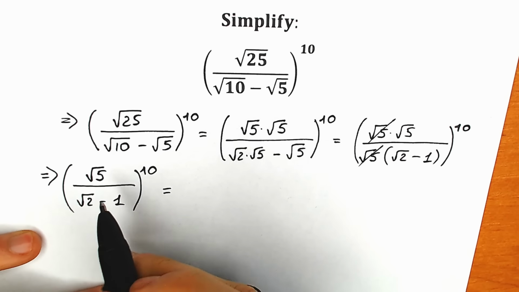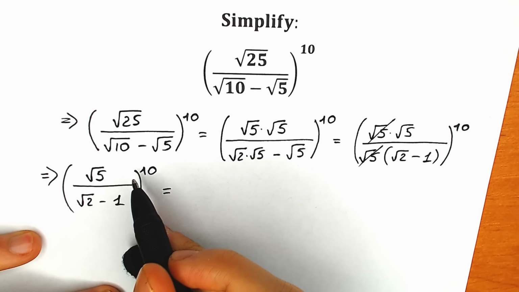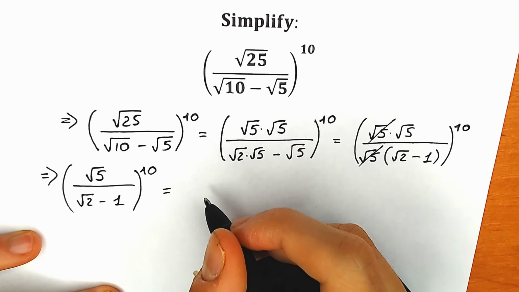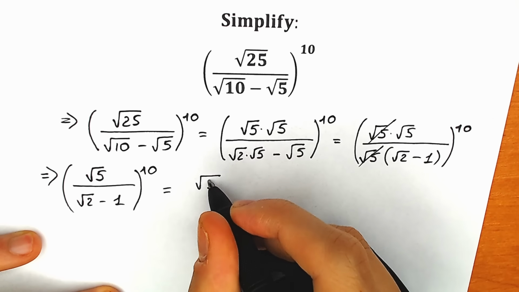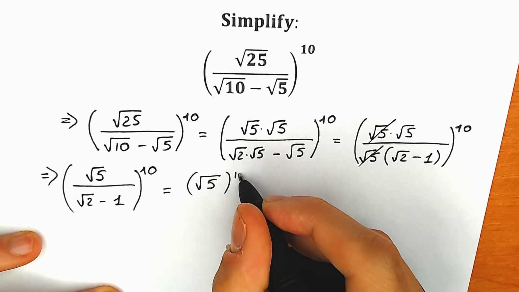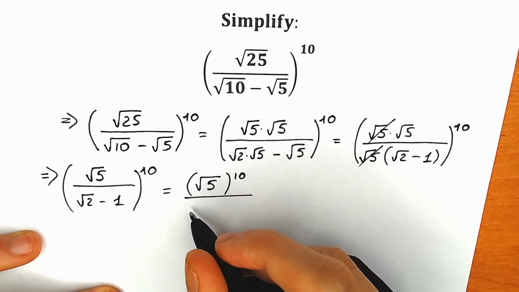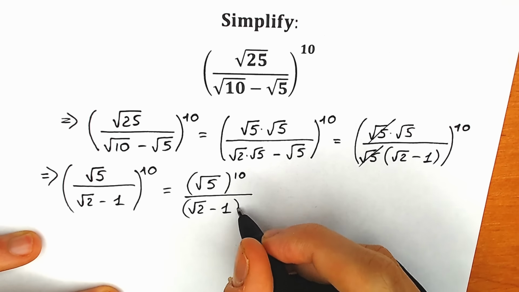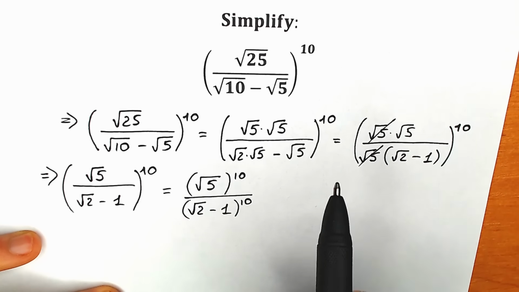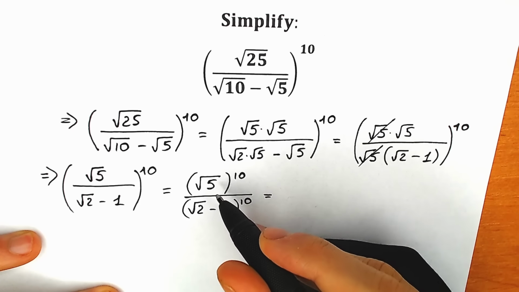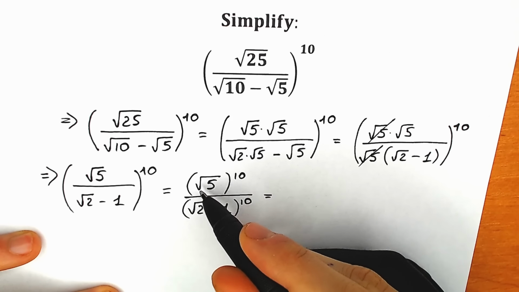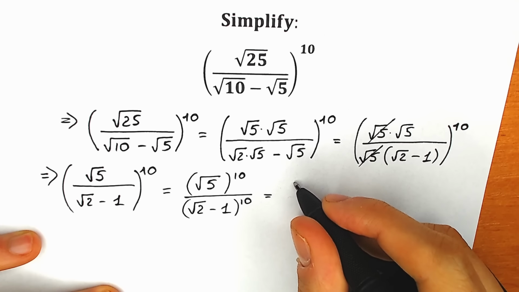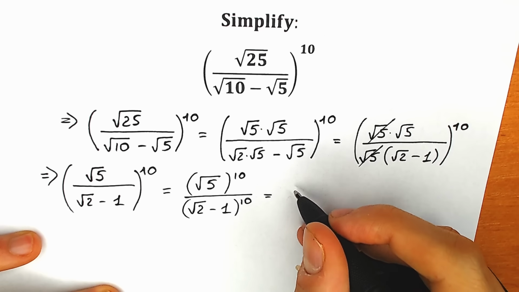Right now, of course, when we have a fraction and we raise it to the power, for example, 10, we need to raise our numerator to the power 10, so square root of 5 to the power 10, and our denominator to the power 10, so square root of 2 minus 1, raised to the power 10. Without any problems, we can simplify square root of 5 to the power 10, because this is equal to 5 to the power 5.